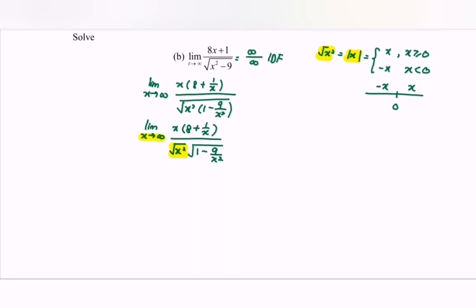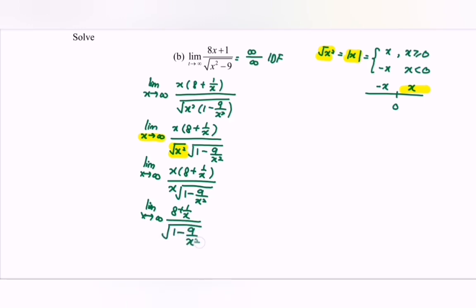X approaching positive infinity means that towards the right. So we're going to select the x. Limit when x approaching positive infinity, we have x multiplied with 8 plus 1 over x, over, we have x multiplied with the square root of 1 minus 9 over x squared. So simplify the situation. So limit when x approaching positive infinity, we have 8 plus 1 over x, over the square root of 1 minus 9 over x squared.